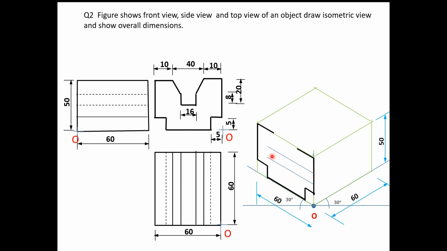Then find out the midpoint of this line. So I will draw center line here. So 16 mm is there, 8 mm here, 8 mm this side. Draw the line. Then this edge is vertical, so definitely here also it is vertical. So draw this vertical edge. Now this edge is inclined, so we can directly join this and this. This is the front view.